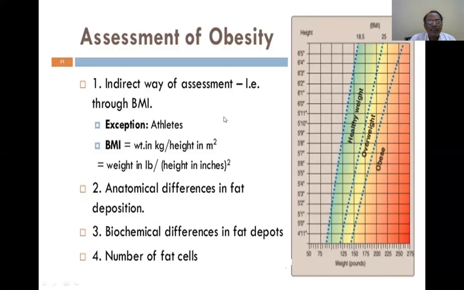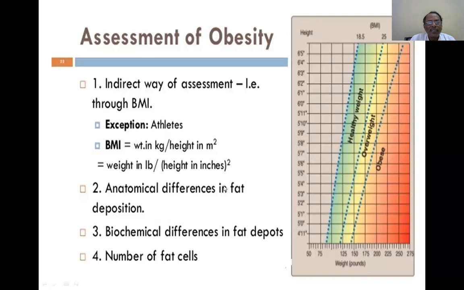But the preferable one is height in meters and weight in kgs. And basing on that, the BMI is weight in kgs divided by height in meters squared, or else in the British system, weight in lbs divided by height in inches squared.